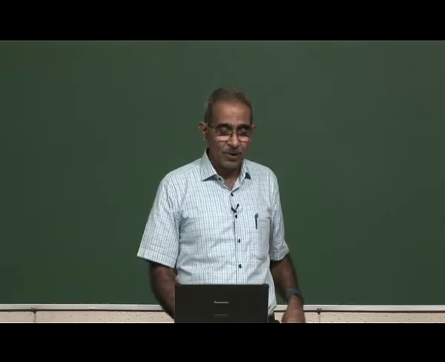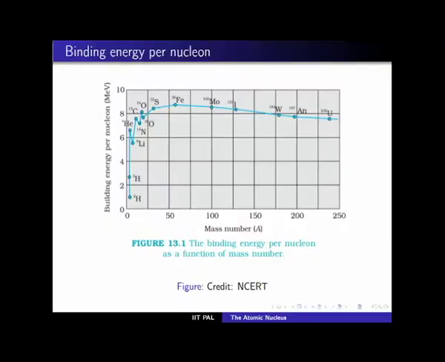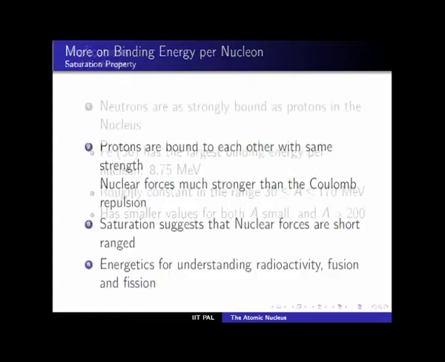Of course, physics is much more complicated, but that is a nice picture to make. It has smaller values for both small A and A greater than 200. Small A means lithium, boron, beryllium, carbon. After that things are going to change. These are the things that we have to remember.